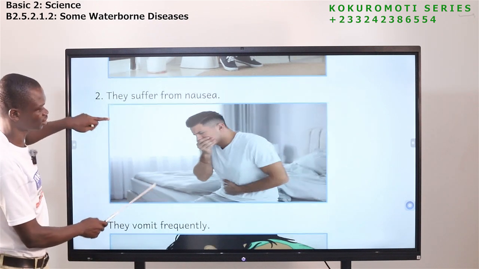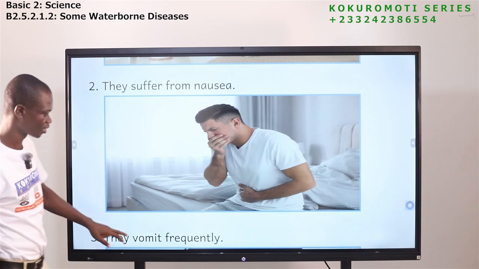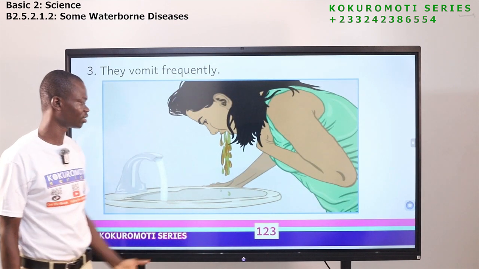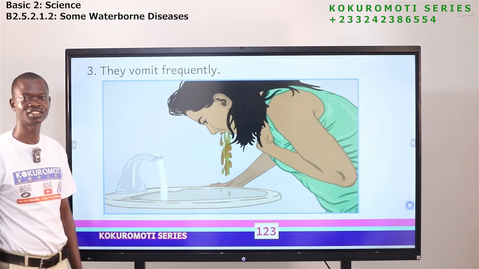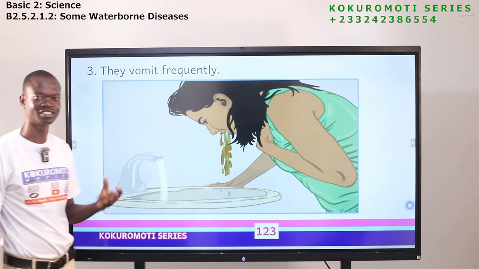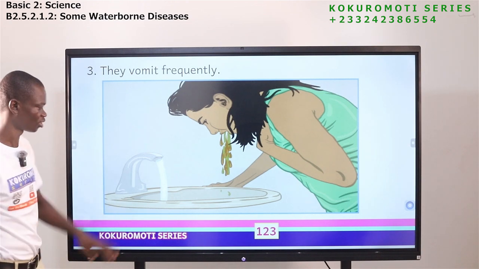They suffer from nausea. So if you look at a man, he's suffering from nausea. Okay. And then the next one, they vomit frequently. You can see the lady here. She's not feeling well at all because she drank water that was what? Contaminated. Okay.